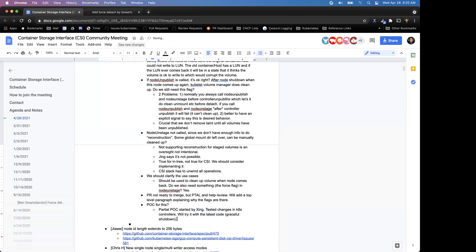Okay, yeah, so we should try this one together. I think the controller side is straightforward, but the node side cleanup we probably need to test. Do we need to test that with an iSCSI backend? We need an iSCSI backend to make sure this works with all kinds of scenarios.